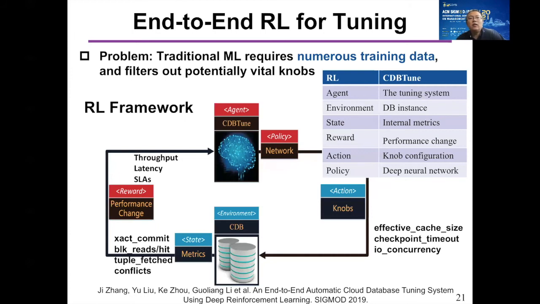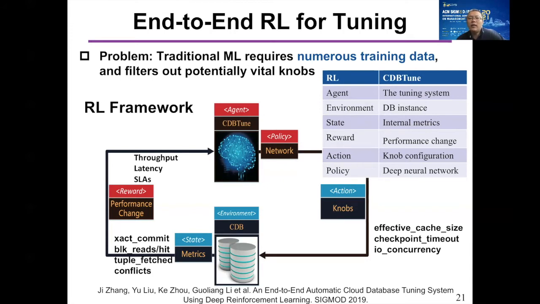The next method is end-to-end reinforcement learning for tuning. The basic idea is that we want to utilize reinforcement learning to tune the knobs. Given a database system, we have a tuning agent, which is our tuning algorithm. The tuning agent will apply some actions. The action means that we want to increase or decrease the value of some knobs.